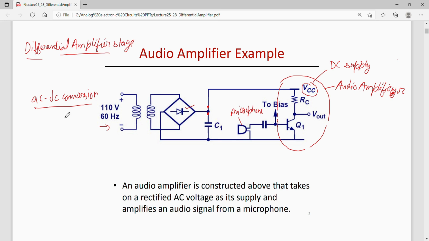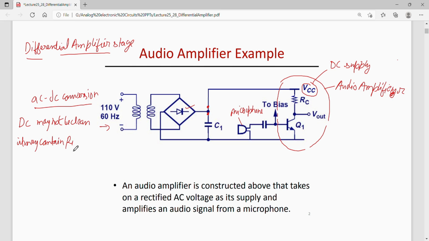Now during the AC to DC conversion, it is possible that this DC, that is VCC, which we have created, may not be clean. So this DC voltage may contain ripples.